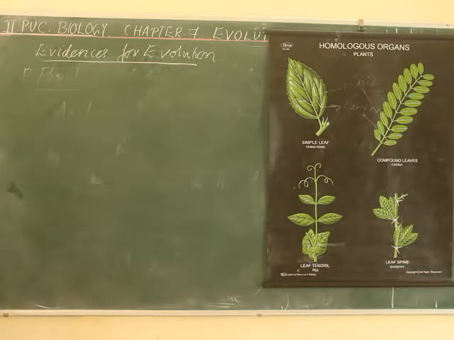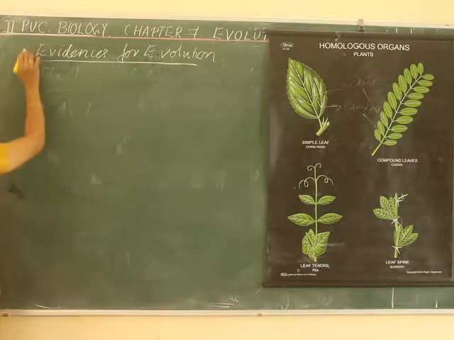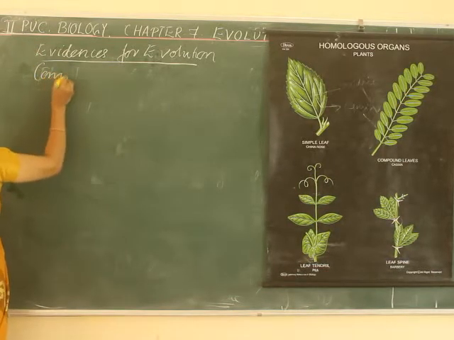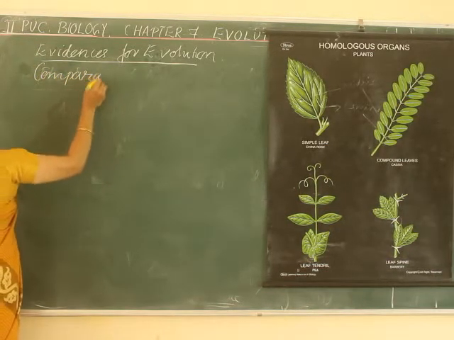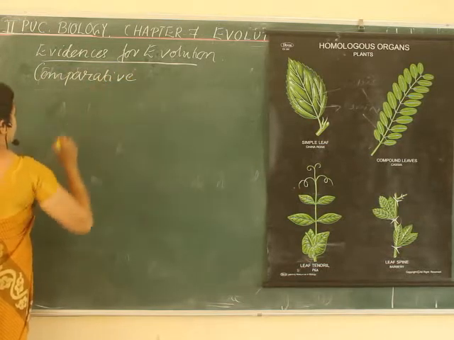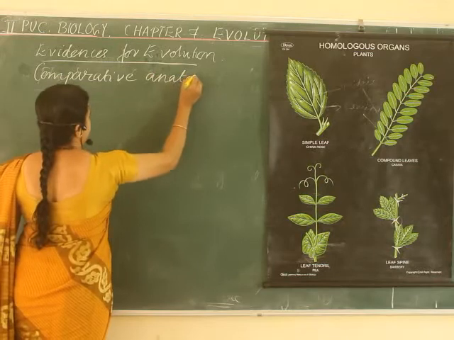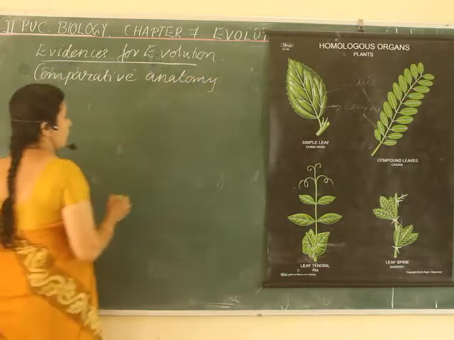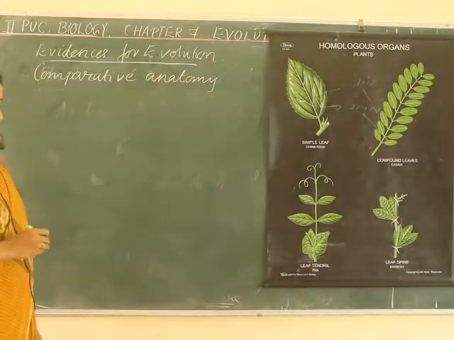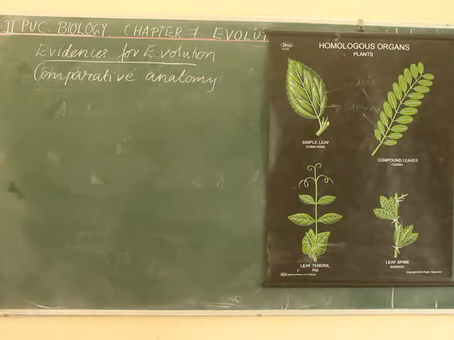So comparative anatomy means we are comparing internal anatomy. Morphological or anatomical evidences are of two types.